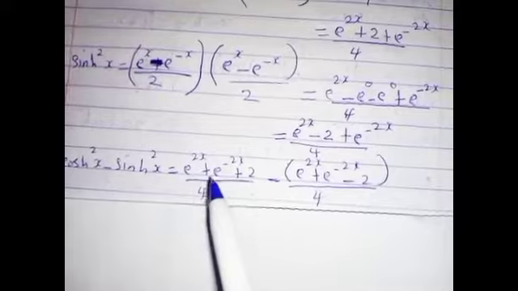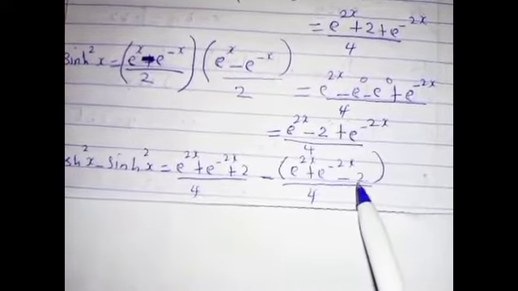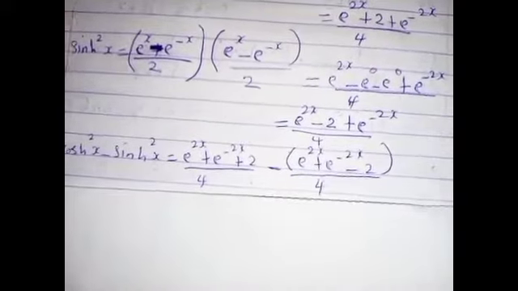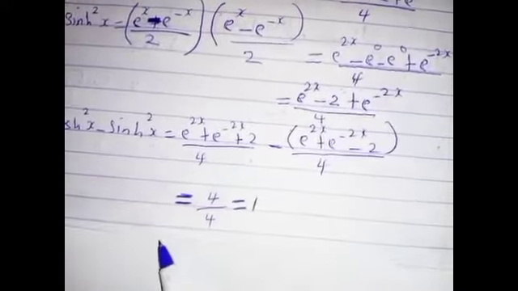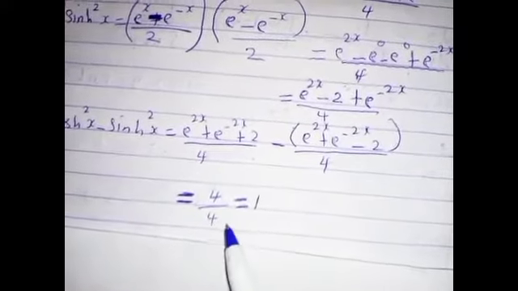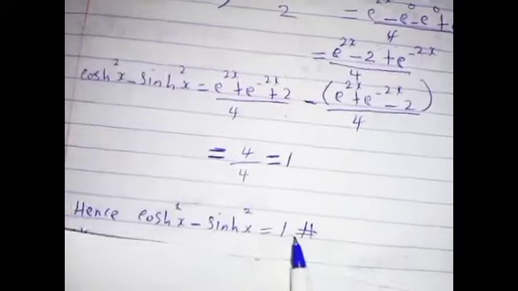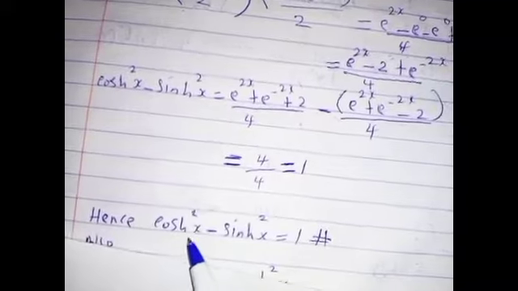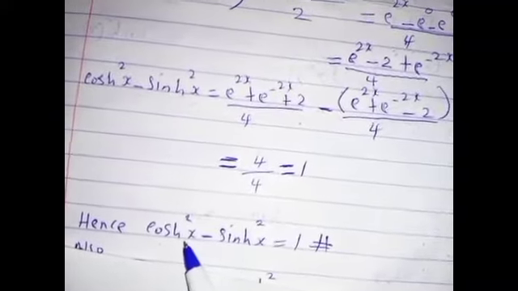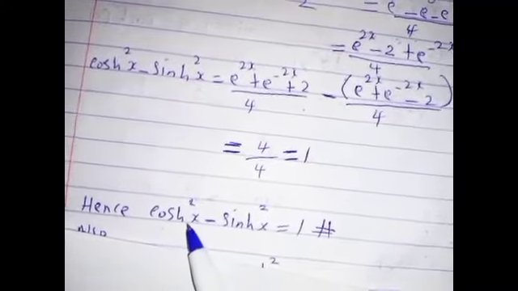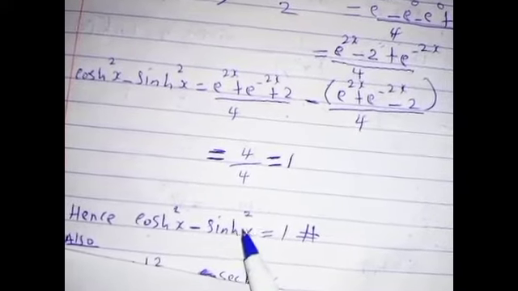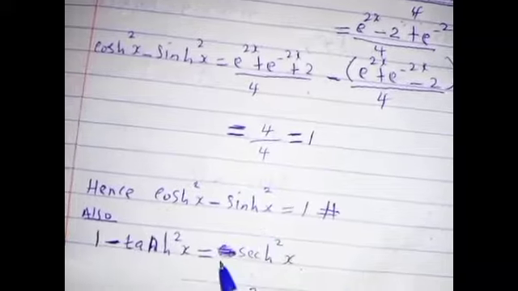Then we have 2 minus minus 2, which is 2 plus 2, which will give us 4. 4 divided by 4 is 1. Hence, cosh squared x minus sinh squared x is equal to 1.